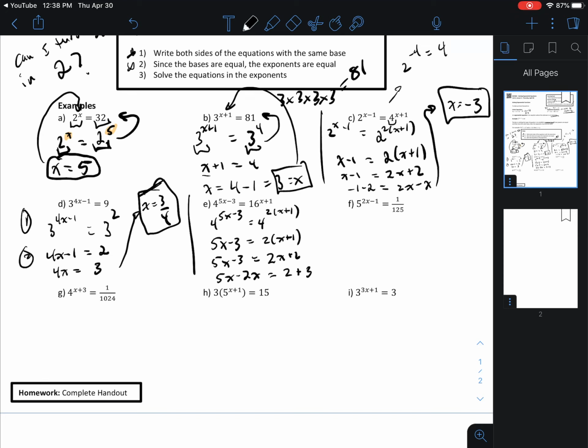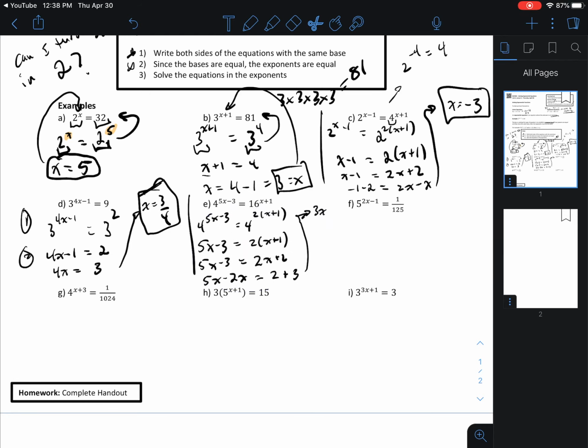So I'm going to get 5x minus 2x is equal to 2 plus 3. And then I'm going to end up having 3x is equal to 5, and so x is 5/3.